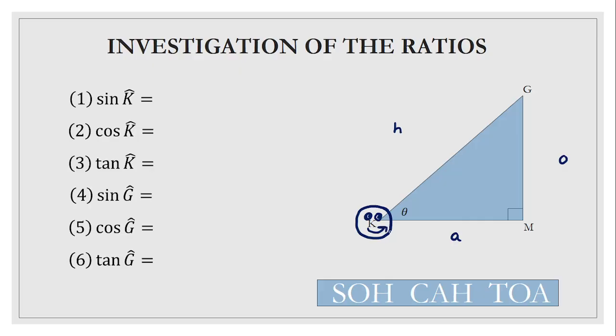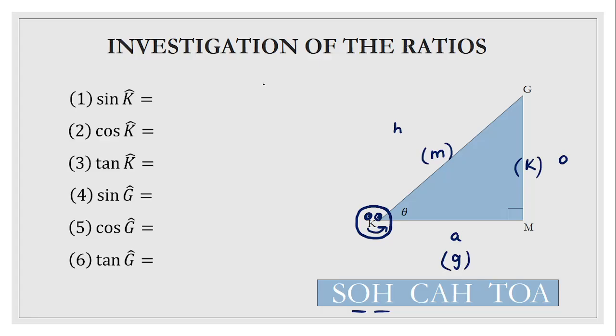Looking from this angle, sine, I know, is opposite over hypotenuse. So the opposite is going to be GM. Or what is the letter here? Baby k. Hypotenuse is going to be baby m. Adjacent is going to be baby g.